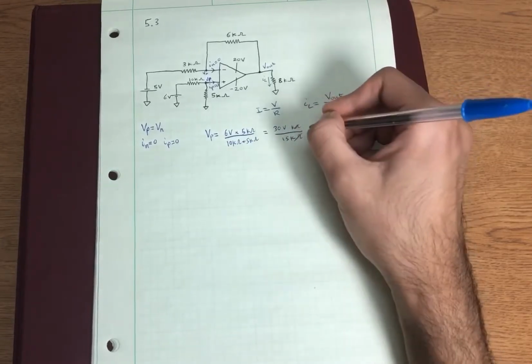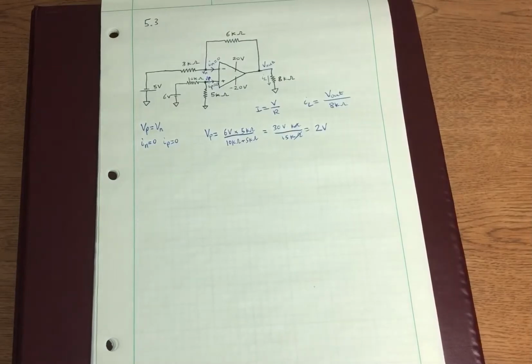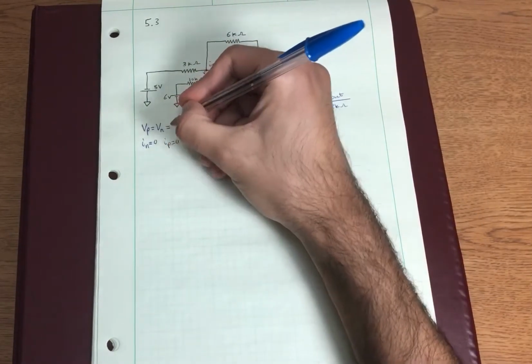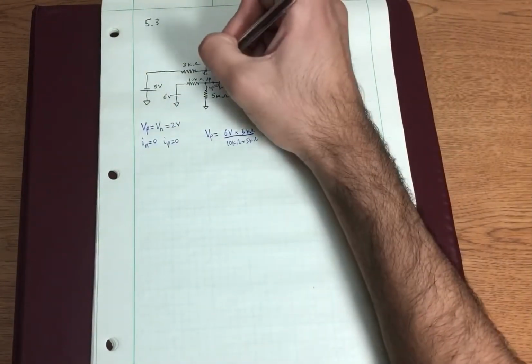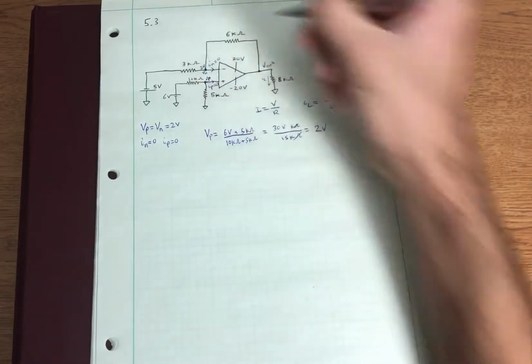And kilo ohms will cancel, and we're just left with 2 volts. So now we know that our voltage Vp is equal to our voltage Vn is equal to 2 volts, and we can go ahead and write the voltage at this node right here is equal to 2 volts.